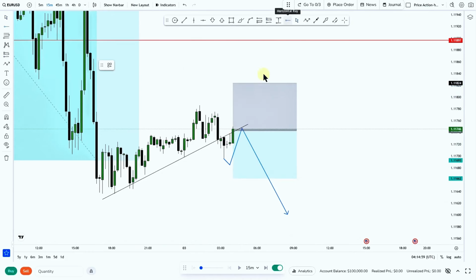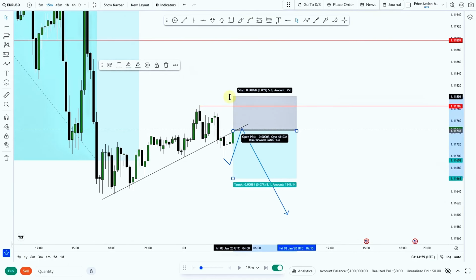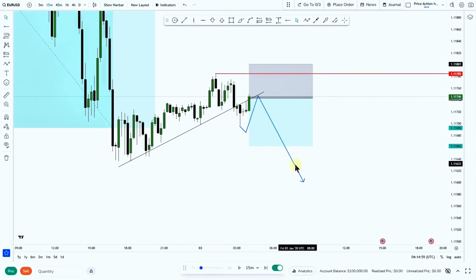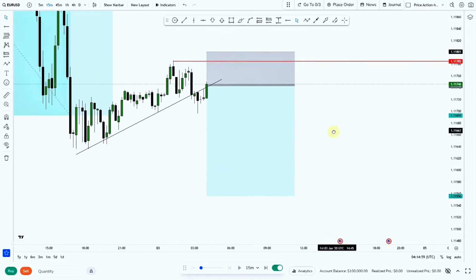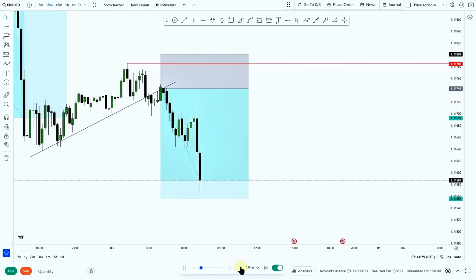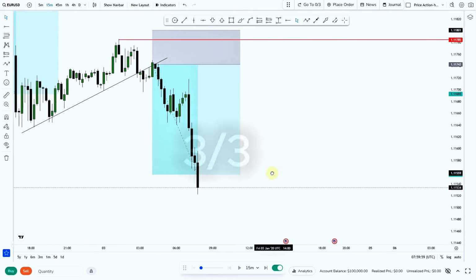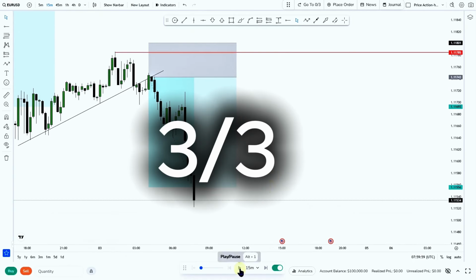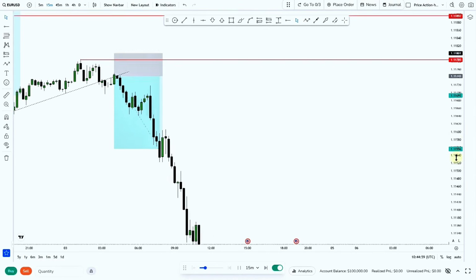Stop loss above the last high and aim for another 1:3 risk to reward. That is another magnificent win. This is our third setup and so far so good. 3 trades, 3 wins.